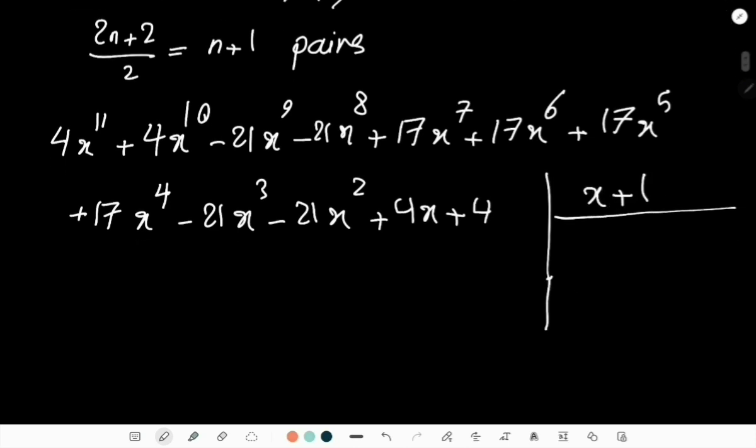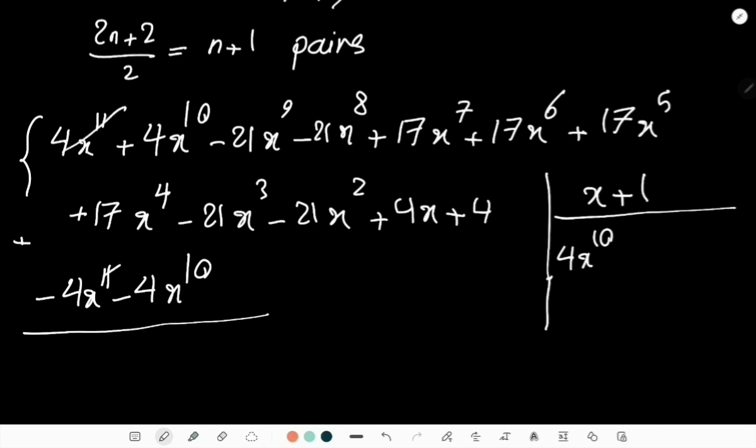The first term is basically 4x^10. And, you know, when we try to divide algebraic expressions, I have to multiply these guys here and change the signs. So then I get this, and then I have to sum these guys with this, and here these guys cancel each other.